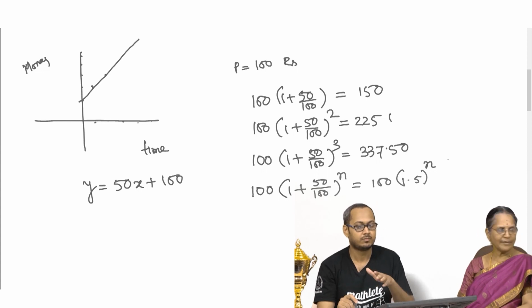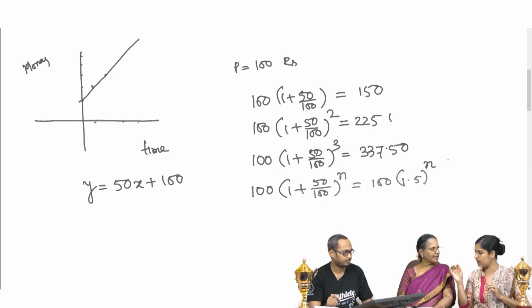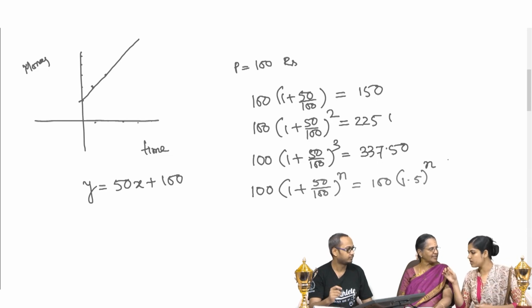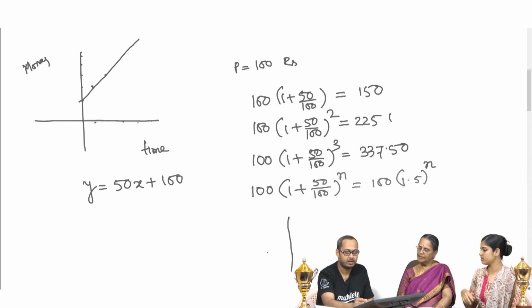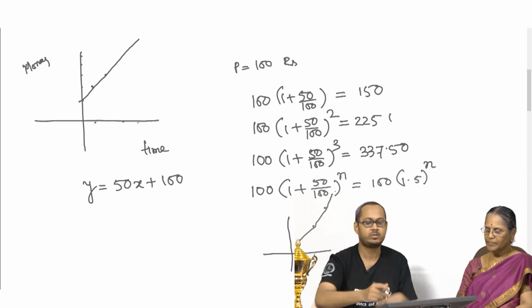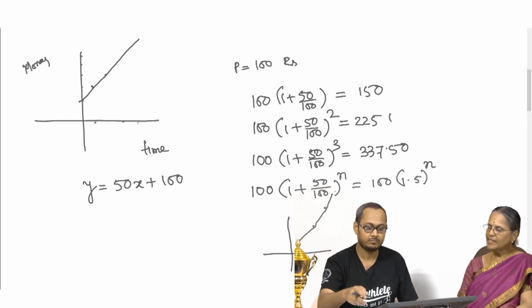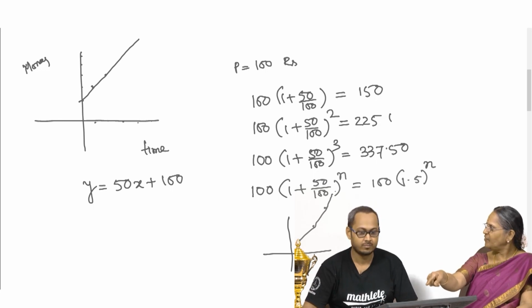So the trajectory will be a polygonal line, having corners at 1, 2, 3, etc. Because in between it will be a straight line, another straight line, another straight line. So it will be a polygonal line. So, you see that it abruptly changes at the end of every year.